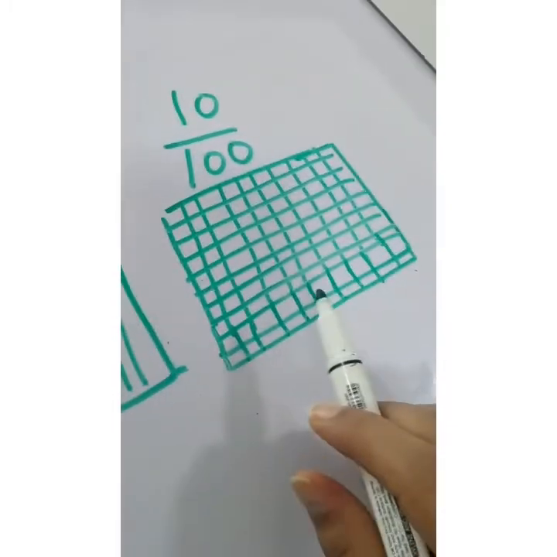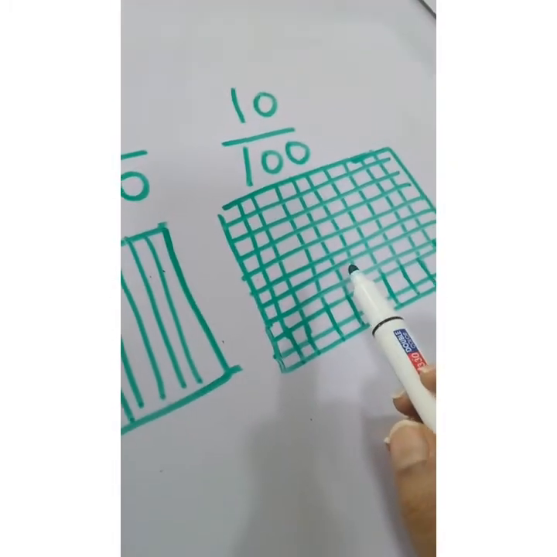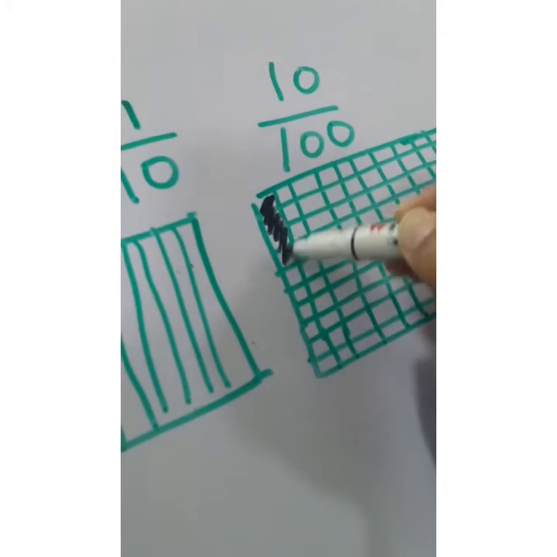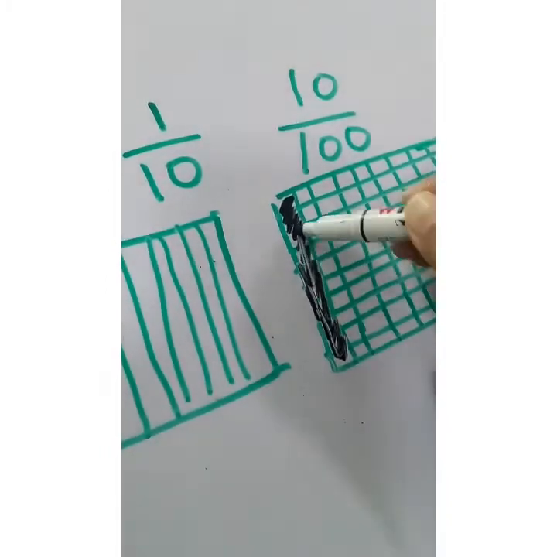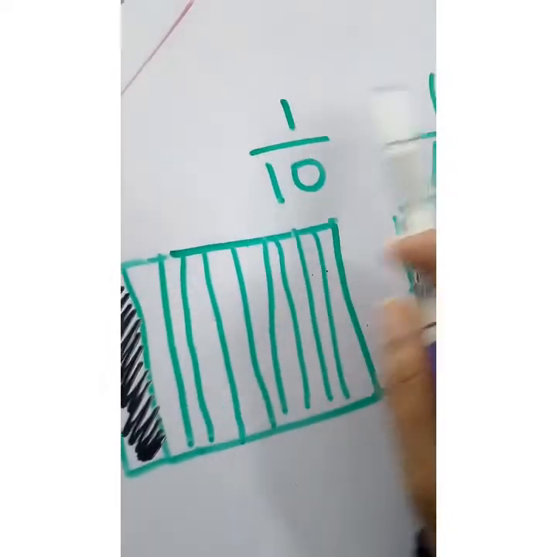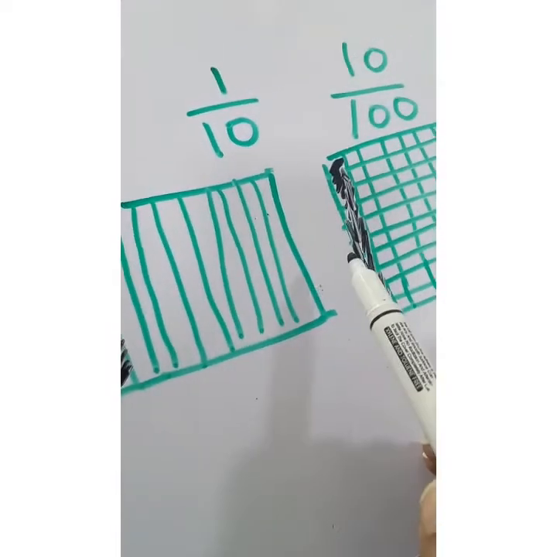Okay, so this one is divided into 10 parts. This one, sorry, is 100 parts. You shade 10 out of 100. When we look at them, same value, different numerators and different denominators, but they have the same value.